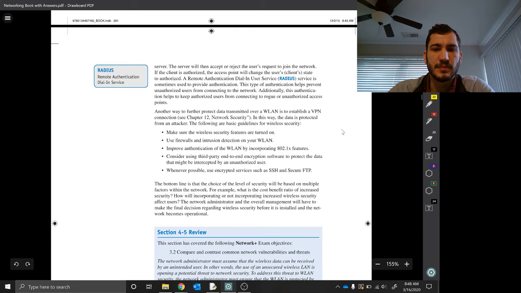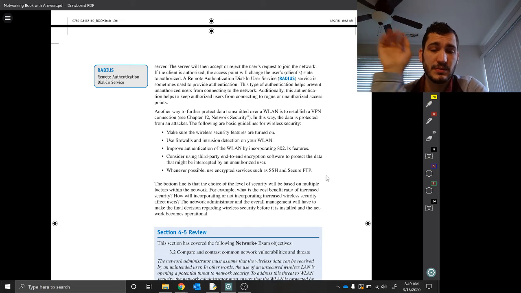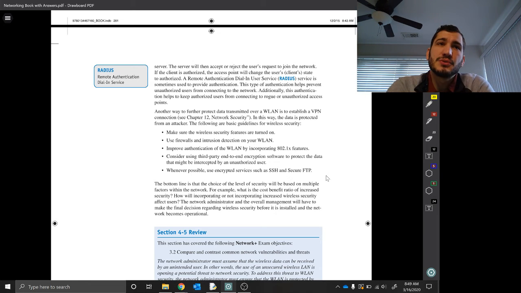And then these are just some ways to keep your network secure. Make sure the wireless security features are turned on. So many people don't do that. They just use default passwords, default this, default that, as we've gone over ad nauseam in the class. Firewalls and intrusion detection. Intrusion detection, you probably don't have to deal with at home.